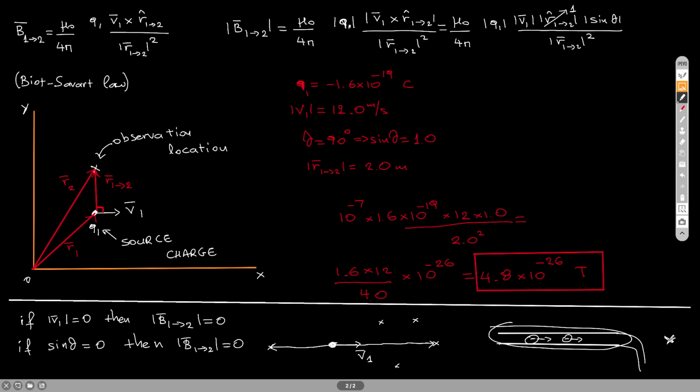And since my observation location was made to be along this line, the current that flows in this straight wire will create no magnetic field here. But if you bring your compass anywhere else, say here, you will detect a magnetic field, but not on this point.